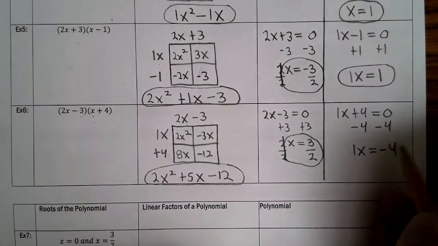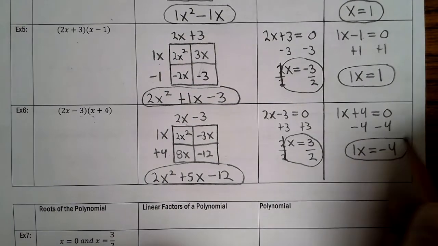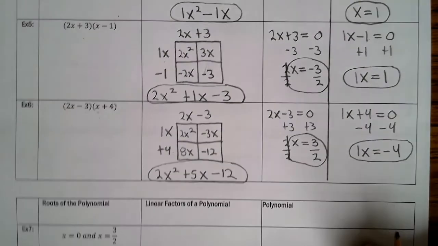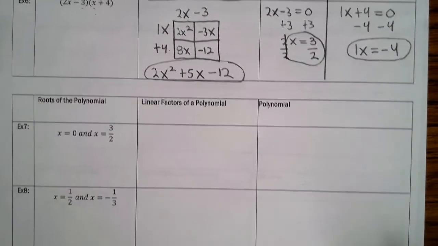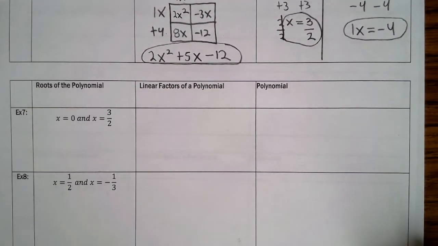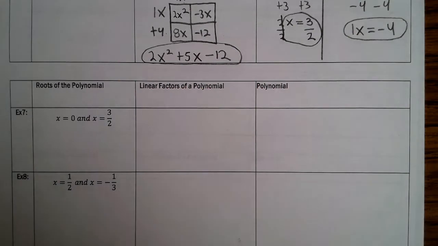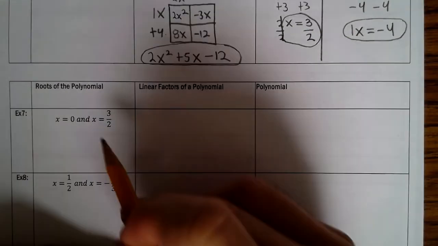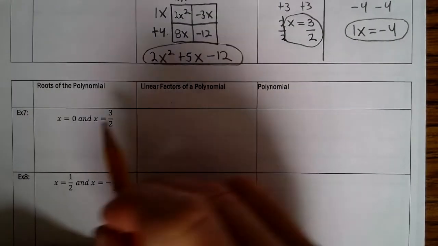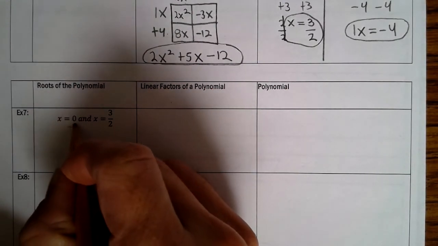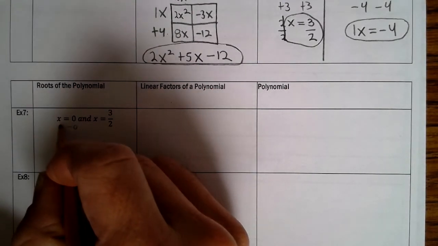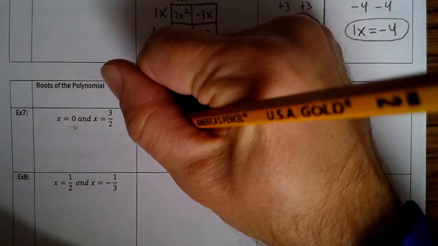All right, now let's look at the last two examples, 7 and 8. Now here we're given the roots, we need to find the factors. So here you do the reverse, okay? So you subtract or add 0 to both sides, but in essence, you're just left with x, okay? Parentheses, now this is where a little bit more of the work comes in.